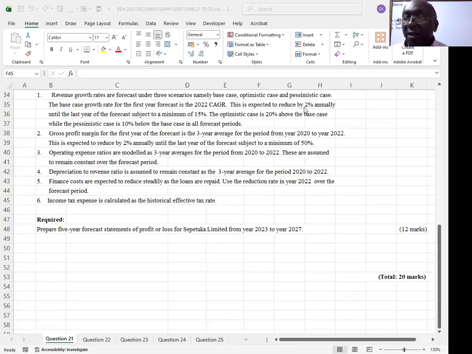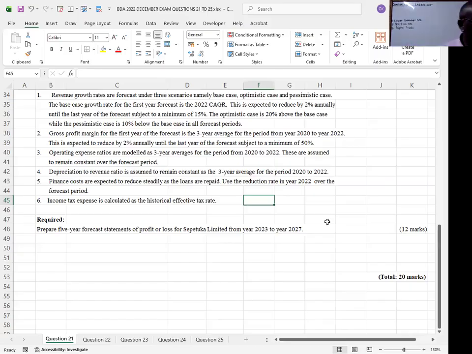Okay, good. So I hope everyone, you are supposed to open that paper, and then you shall be working on it as I work on mine. That's how we go about it.